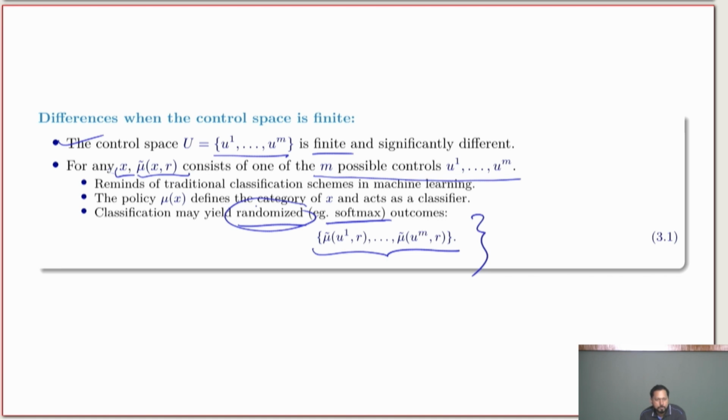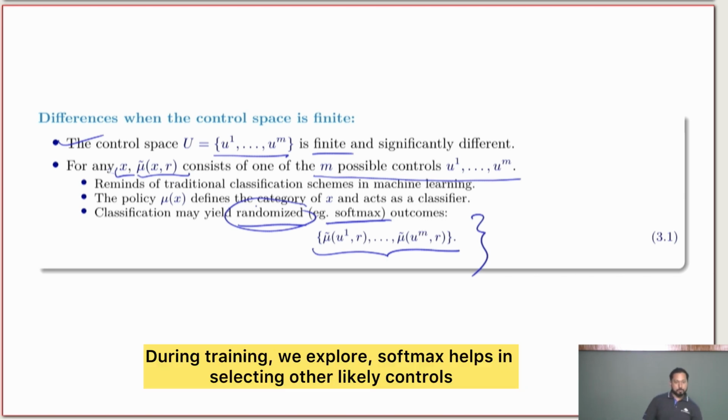Yes. Let's say gear is one of the many controls. When we are looking into randomized policies, for example with softmax, it may tell you the first gear or the second gear also. It is telling you the most probable, or there is a possibility of the second most probable.